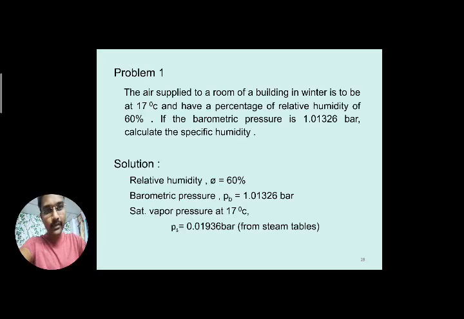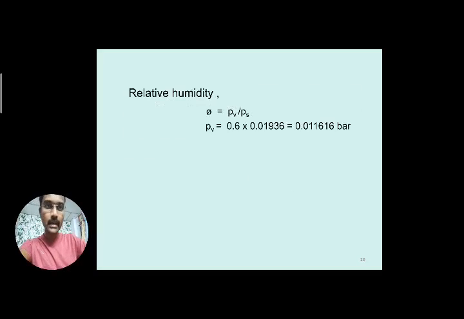This is the saturation vapor pressure at 17 degrees centigrade. As you know, the relative humidity phi equals PV by PS.